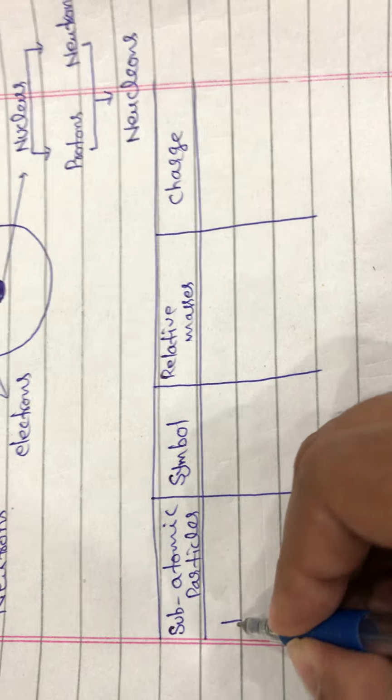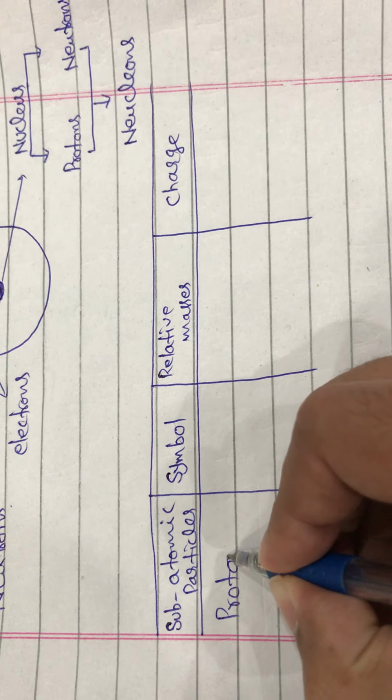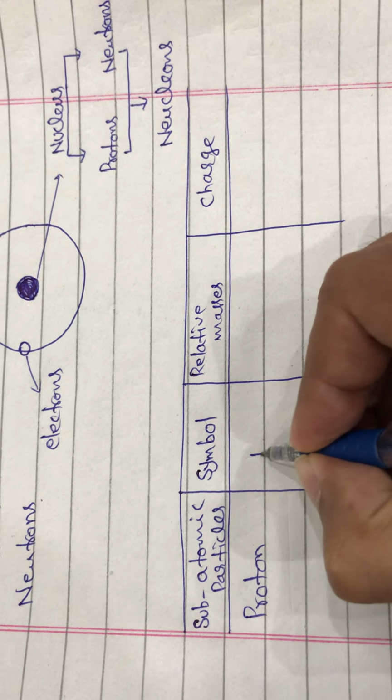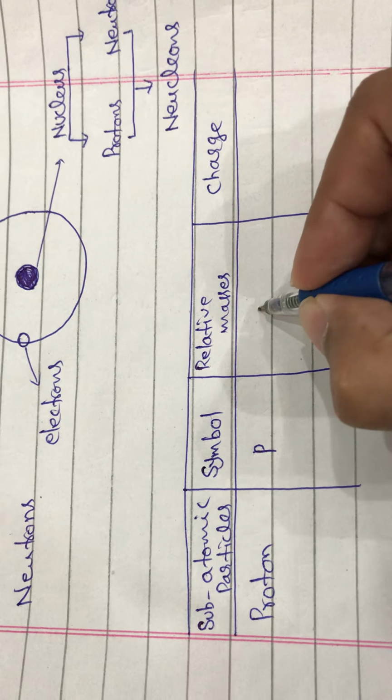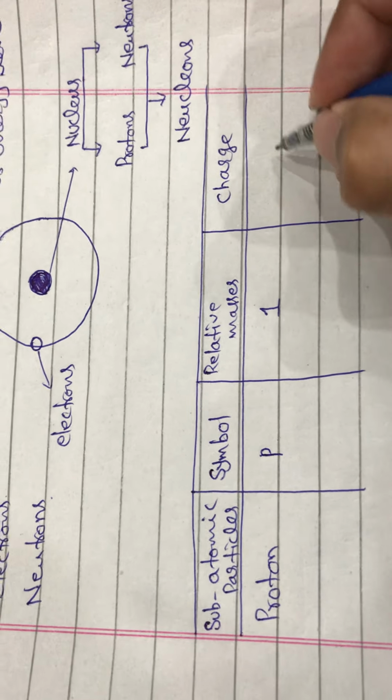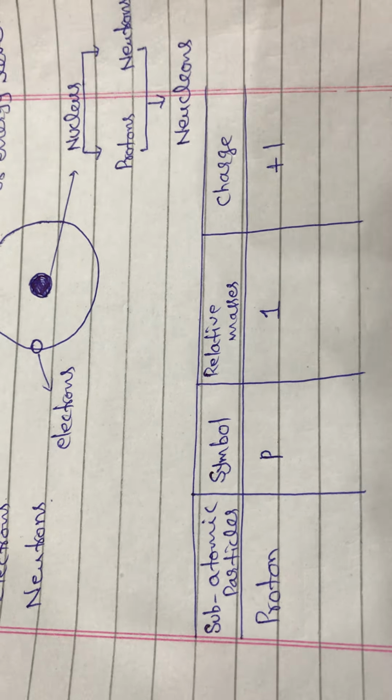Firstly, we are writing for the proton. Proton is denoted by a small letter p, and its relative mass is 1 and charge on it is positive 1.